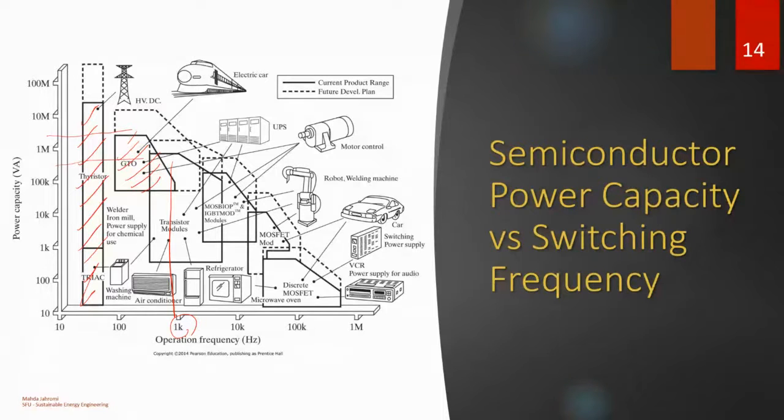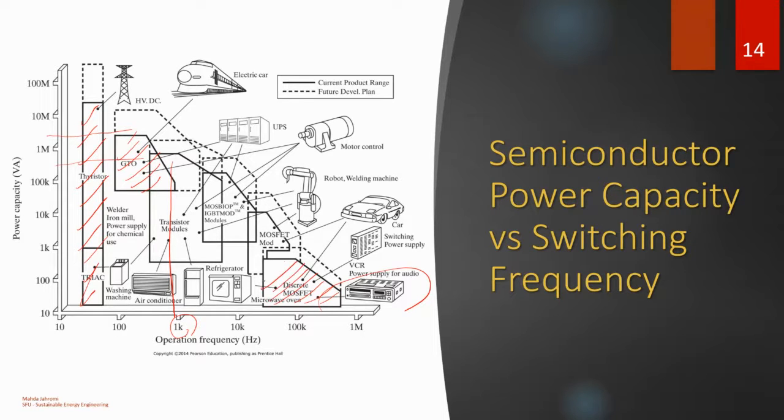But if you're looking for a switching frequency much higher than that, in the 10K, 100K or 1 mega range, for example, in places where you want high quality audio, then you gotta use things like MOSFETs.